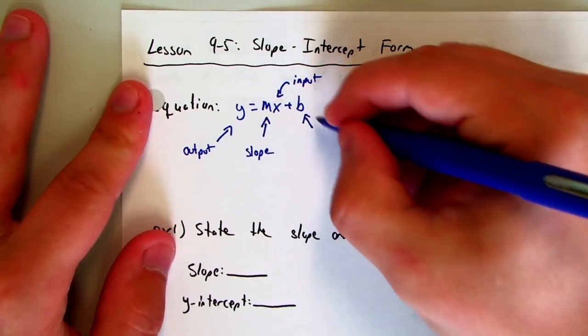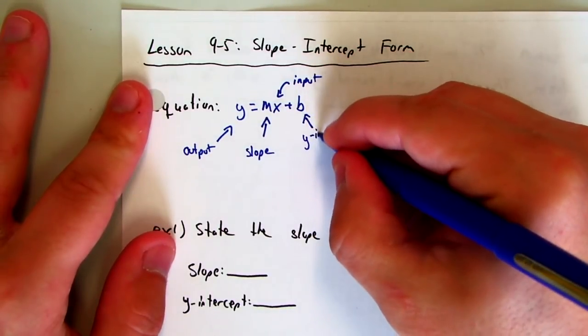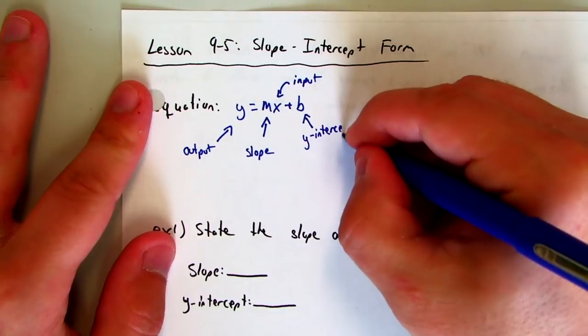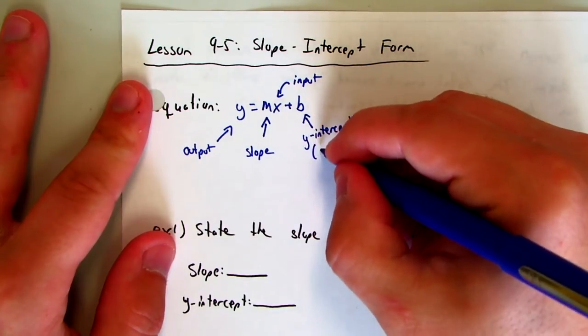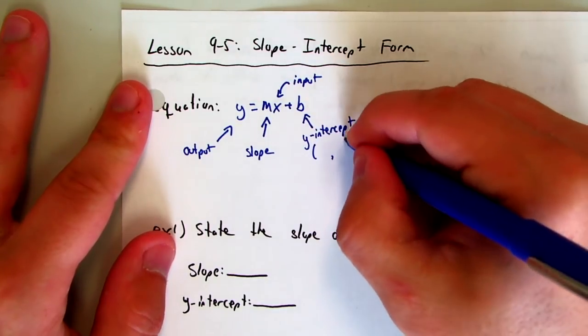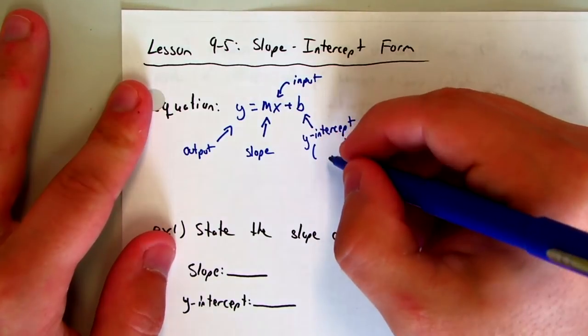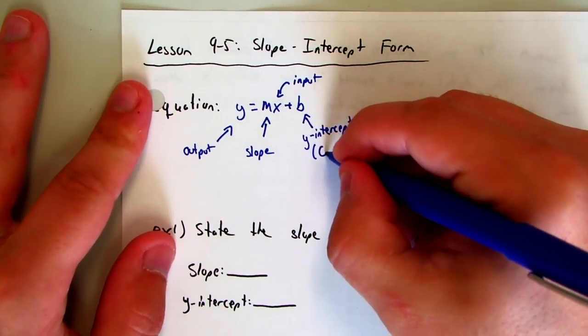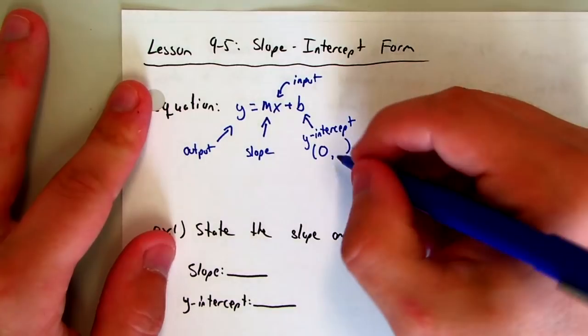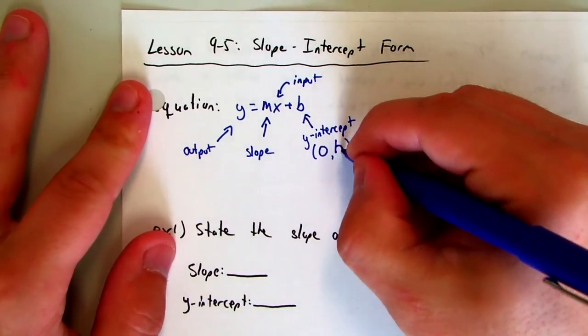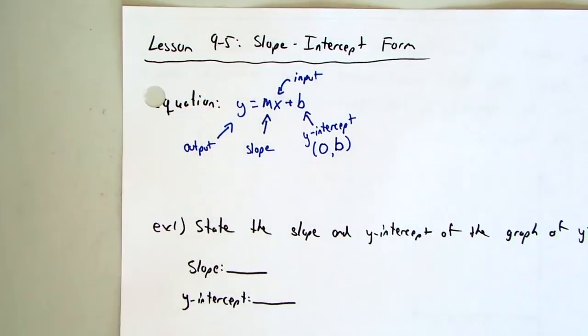And b represents the y-intercept. Generally, we write this as an ordered pair. Along the y-axis, the x value is always going to be 0, and then whatever b is goes in that spot.